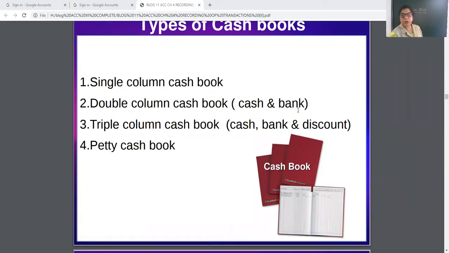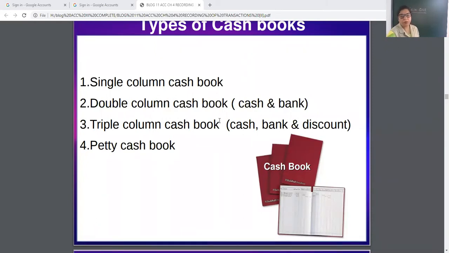Generally, now online transactions and Paytm and everything is there. So double column cash book means one column is for cash, another column is for bank transactions in the same book. That's why it is known as double column.